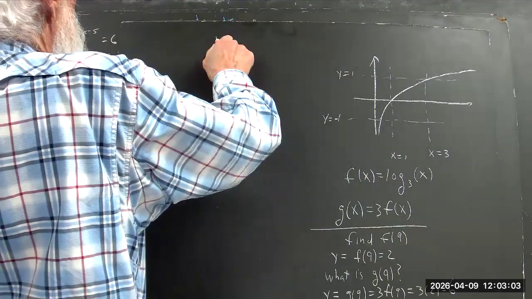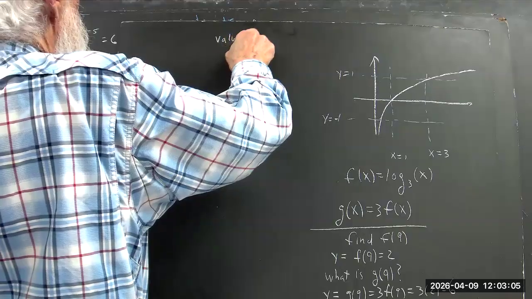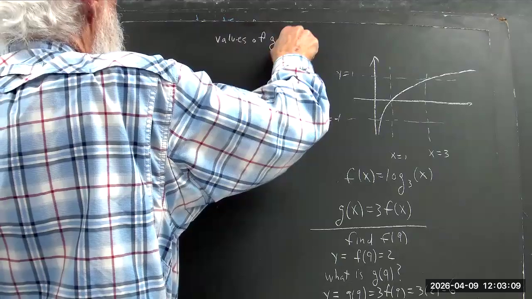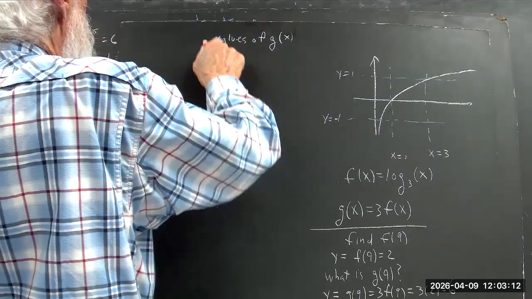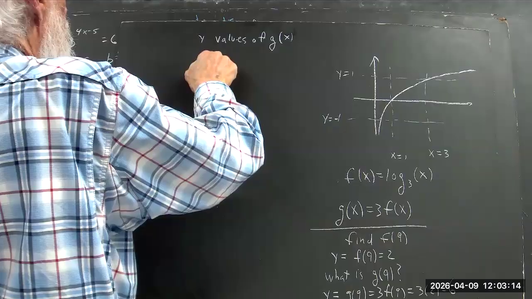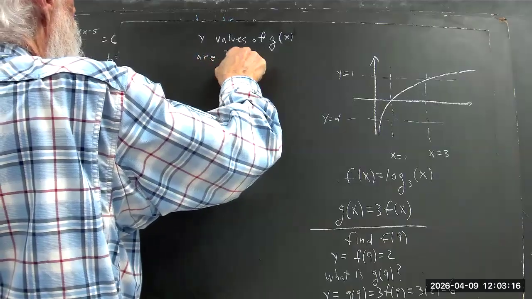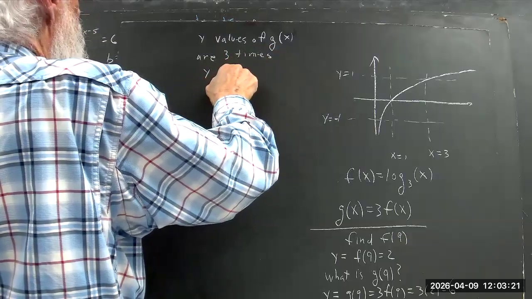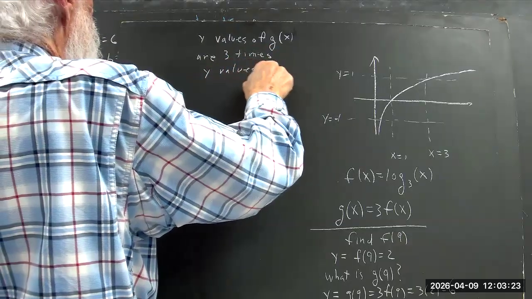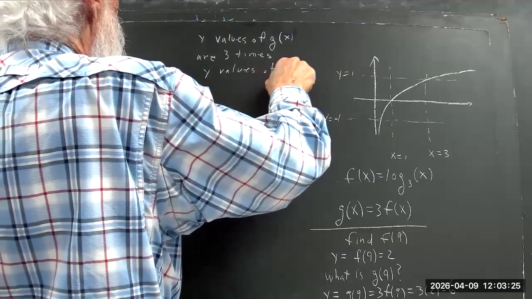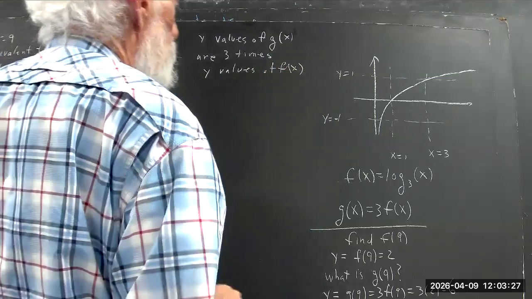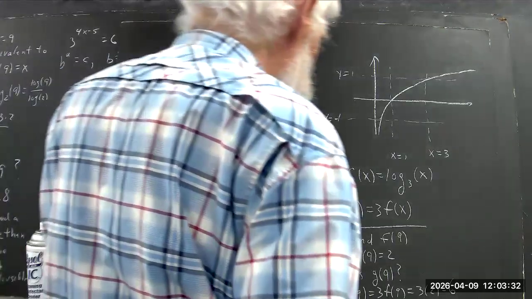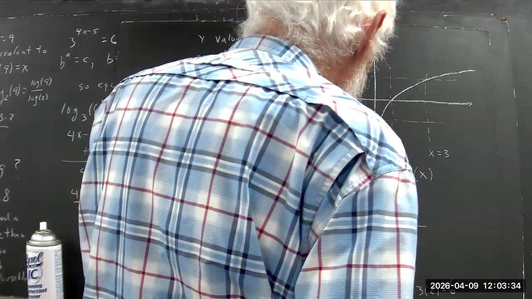So the values are 3 times the y values of f of x, which means that we could take some y values.